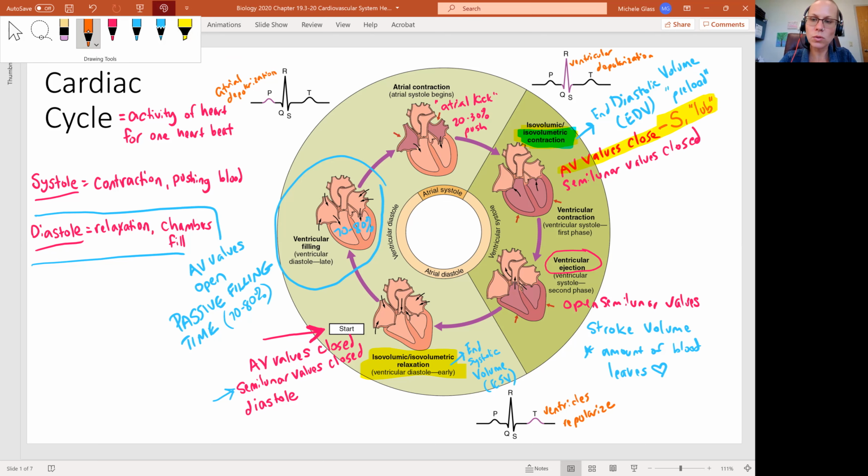And then as we look through our cardiac cycle, we see the next thing that happens is the ventricle contracts enough to push open the semilunar valves. We get ventricular ejection, which is the movement of the blood out of the heart.